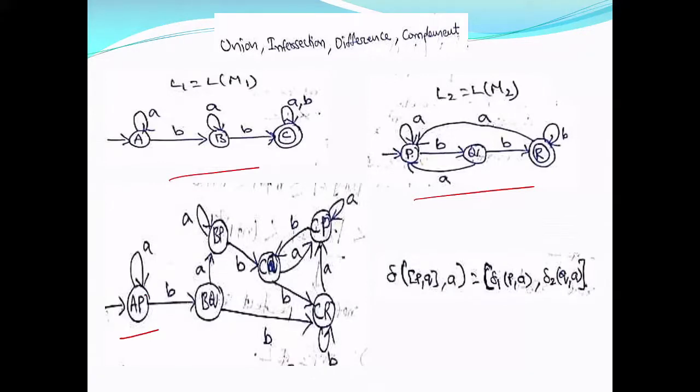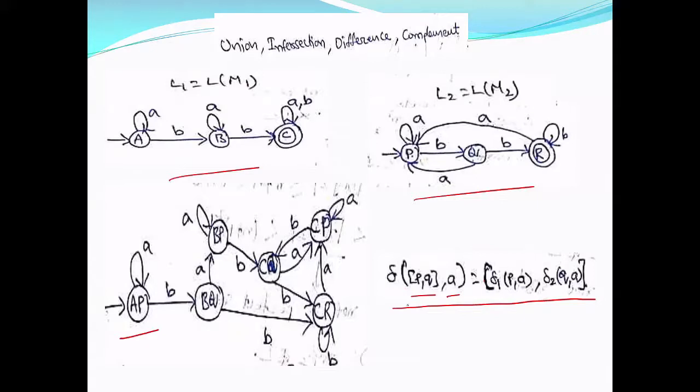I'm not making use of all the pairs. I'm just using only pairs that are reachable from the initial states of M1 and M2. So if I start from this, you can see how the transitions are calculated for each pair. For example, you are making the pair P comma Q and you want the transition on input symbol A for that pair.